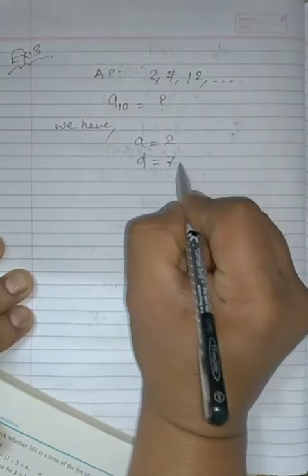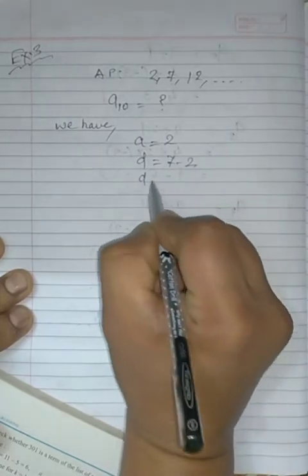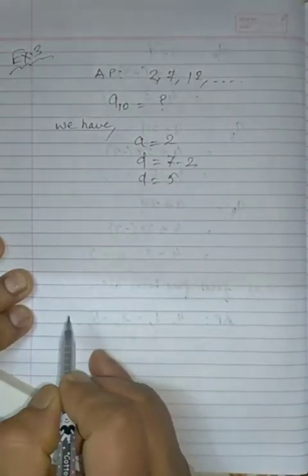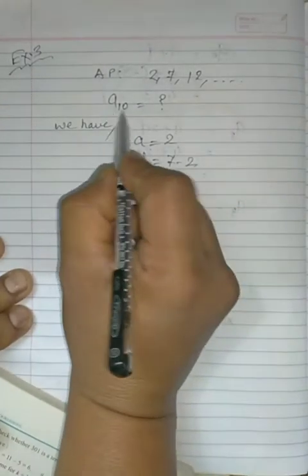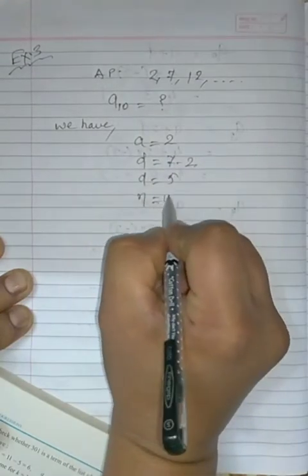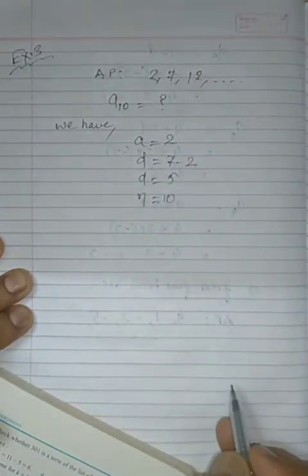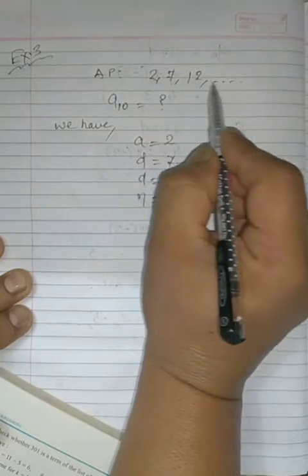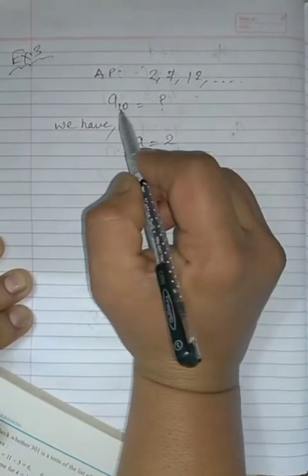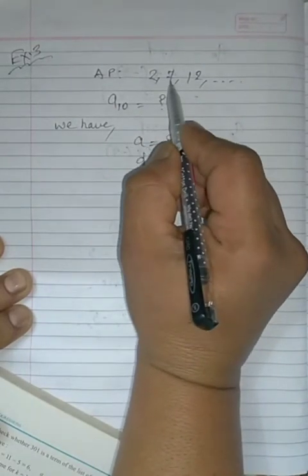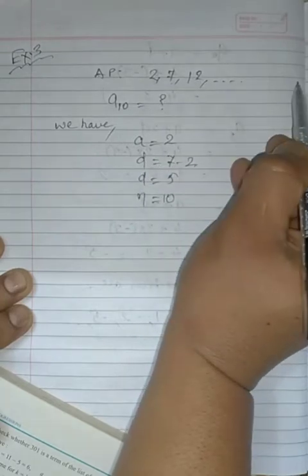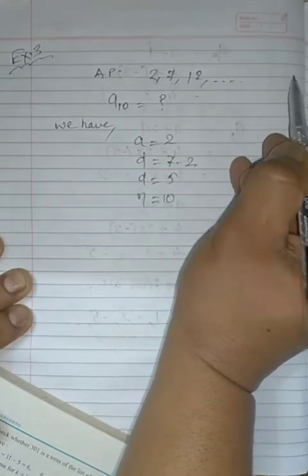So D is equal to 7 minus 2, that is D is equal to 5. And since we have to find the 10th term, we are given n equal to 10. It is A1, A2, A3. So what is A10 that we have to find out?